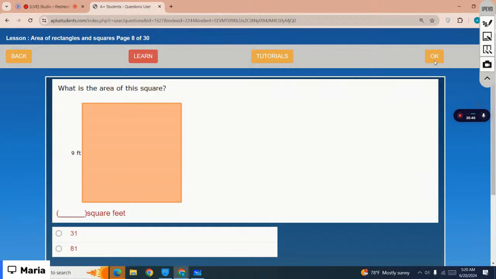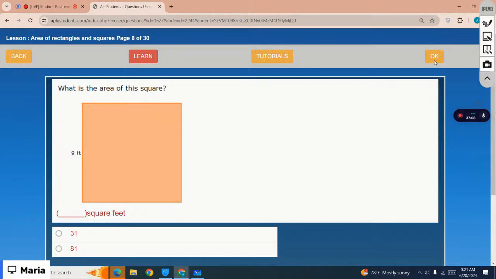What is the area of the square? Area of the square is side times side.